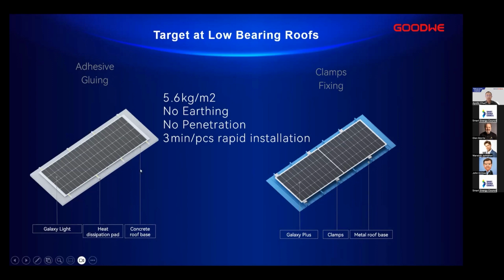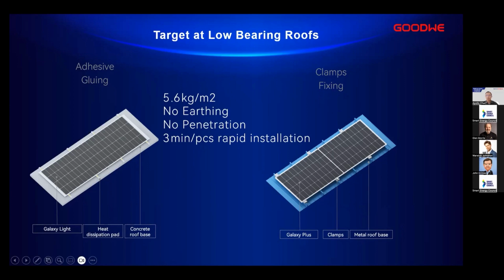In that case, the air can flow inside and take the heat away to ensure generation efficiency. On the other side, when there is heavy rain, we can ensure the panel will not be immersed in water. In terms of clip lock roofs or other roofs, we have this kind of clamp fixing.